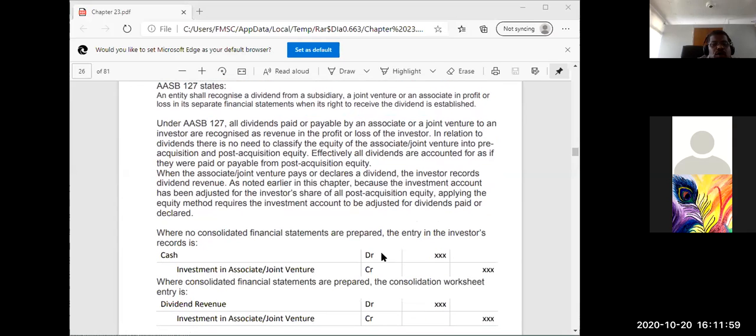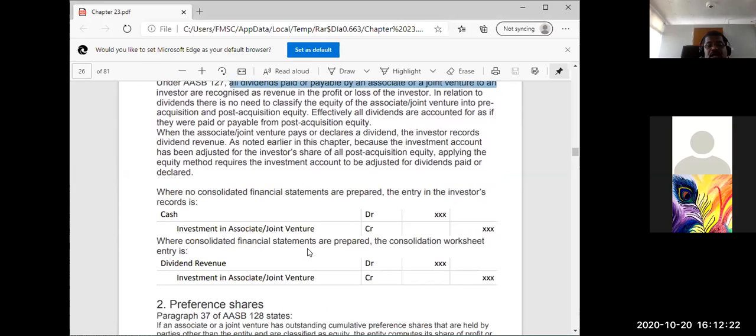I'm talking about now dividend paid and payable by a joint venture and the associate. Where no consolidated financial statements are prepared, you have to remember this very clearly.